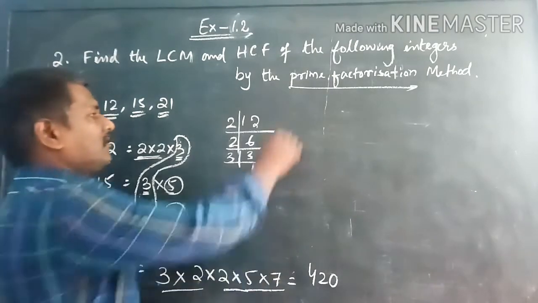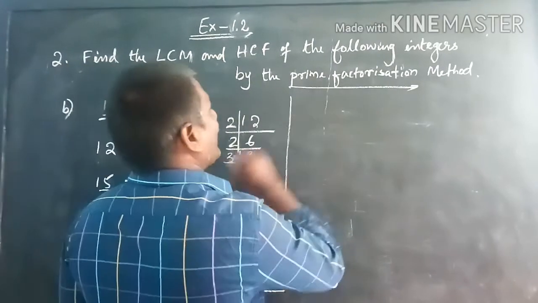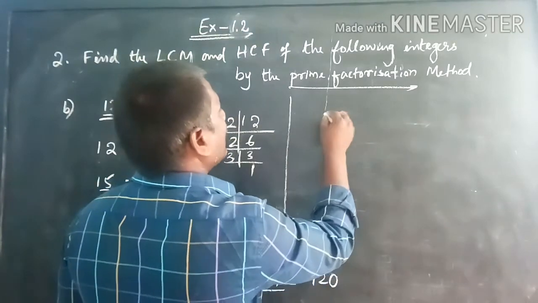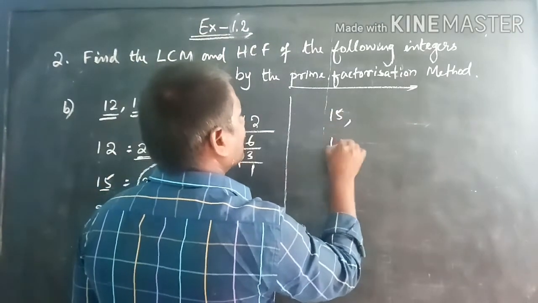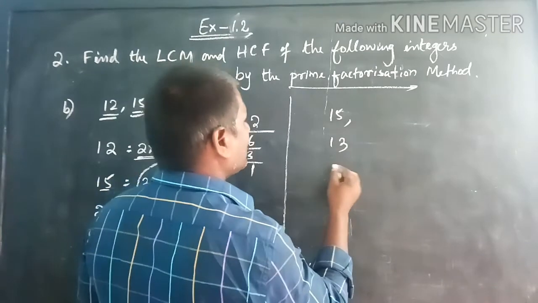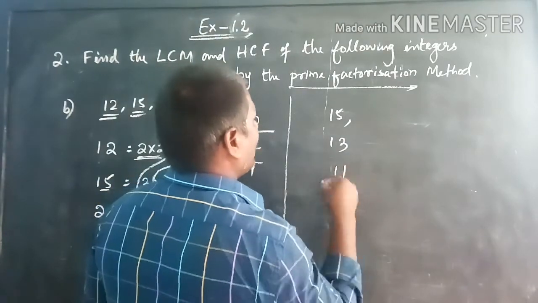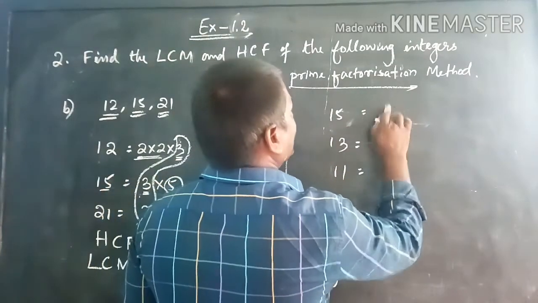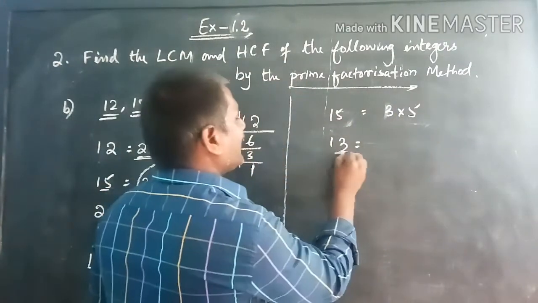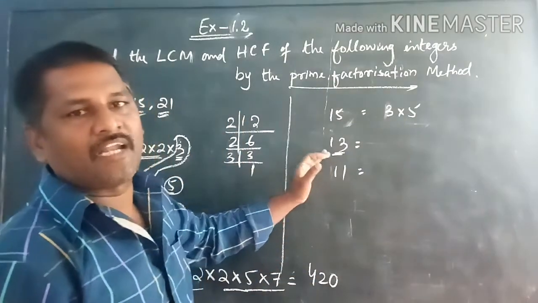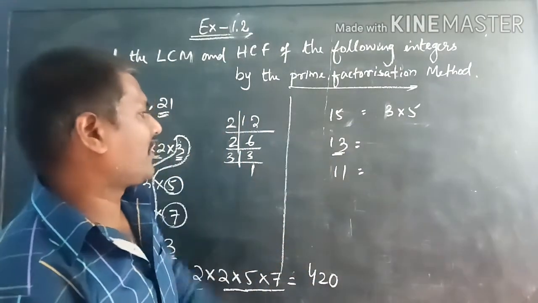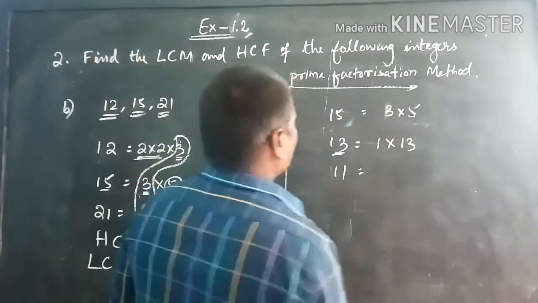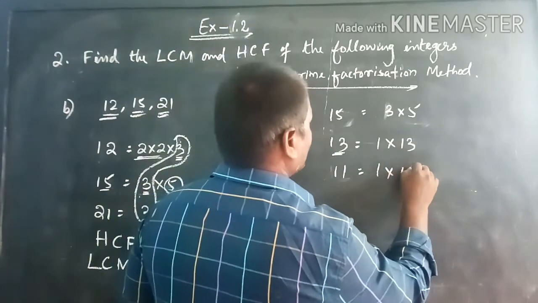Now let us take another question. What are the highest common factor and LCM of the numbers 15, 13, 11? Let us see. 15 can be written as 3 into 5. 13, as it is a prime number, cannot be written as any product of prime factors; it has only two factors, 1 and 13, 1 into 13. 11 also is 1 into 11.